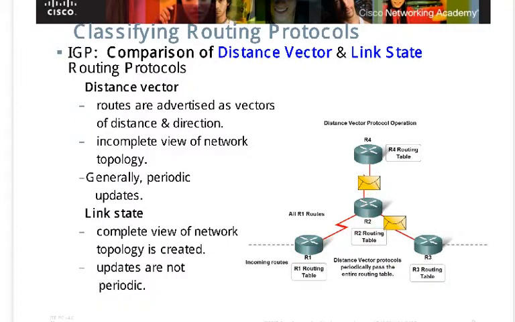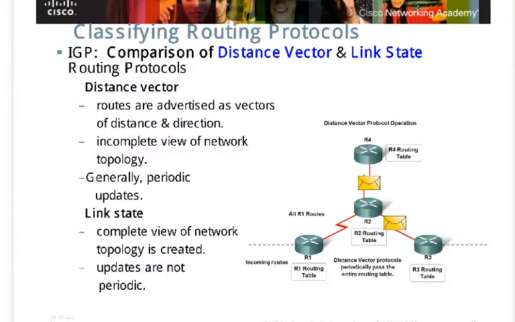So it calculates what we call the distance and then the direction that it has to take in order to reach that destination. So in order to forward a packet all the way to the destination in distance vector routing protocols, I need to figure out the total distance to that final destination, and the direction.